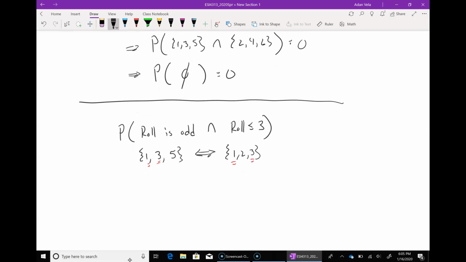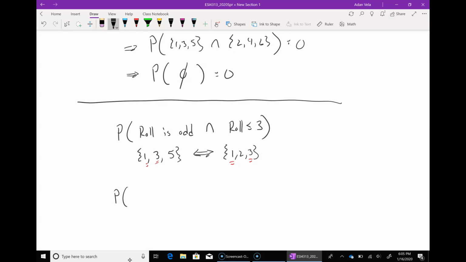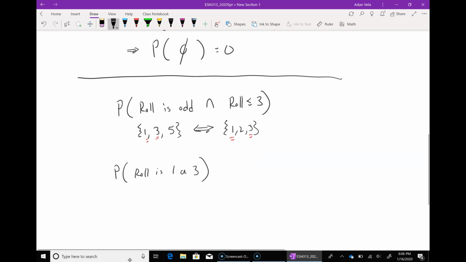So when we take the intersection of these two events, we're left with the probability that the roll is 1 or 3. Okay. Now, at this point, the probability that a roll is 1 or 3 is mutually exclusive, right?